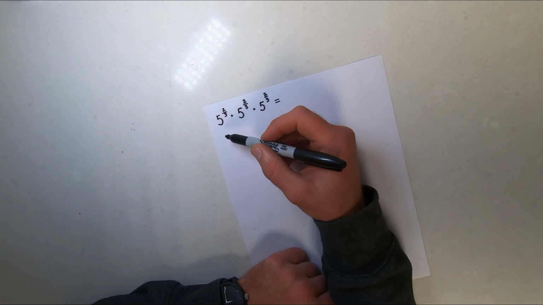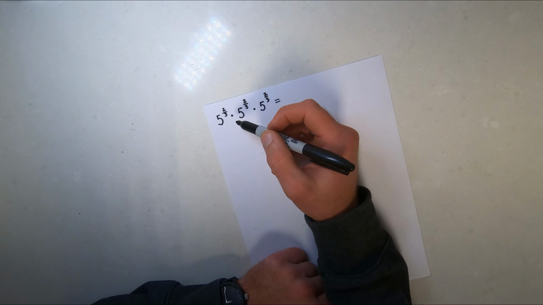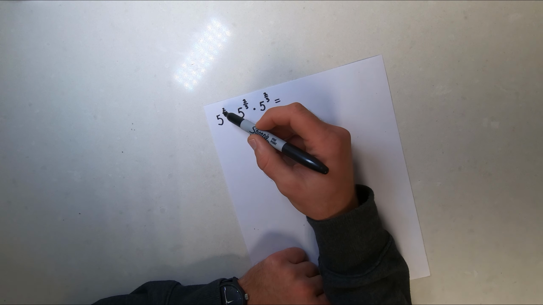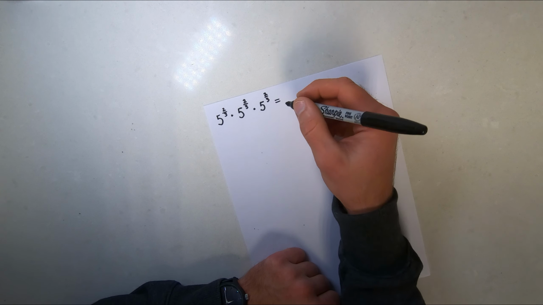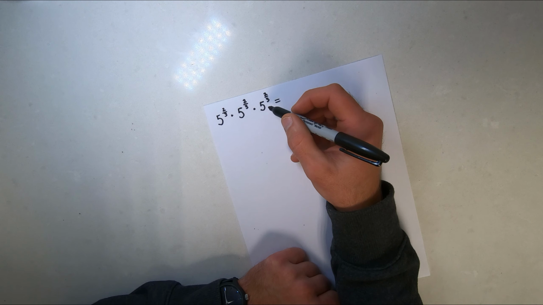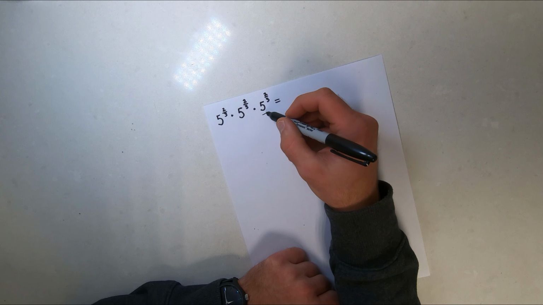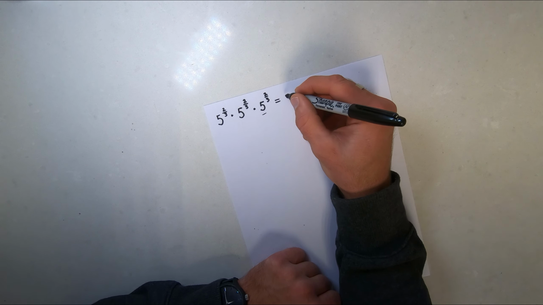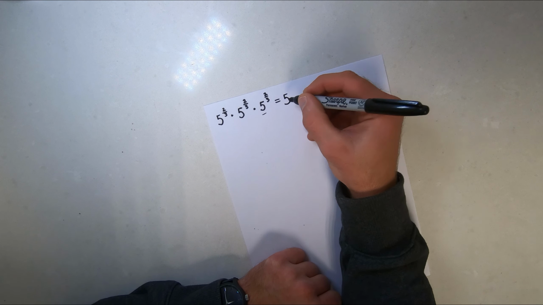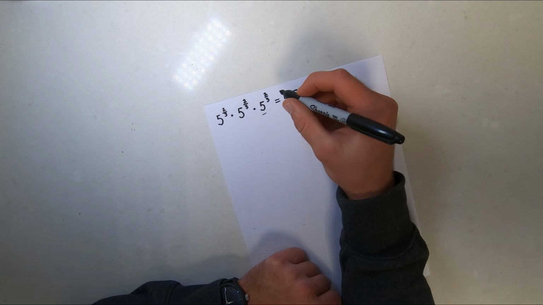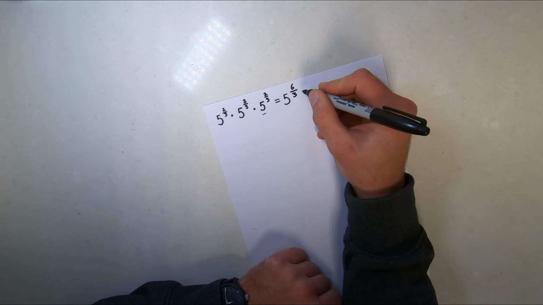Here we have the same base, and we have the root of 3, and we have a numerator of 2. Given what we know about multiplication of numbers with exponents that have the same base, we can just add the numerators together. So we keep the same base, we add up the numerators, which will give us 6.